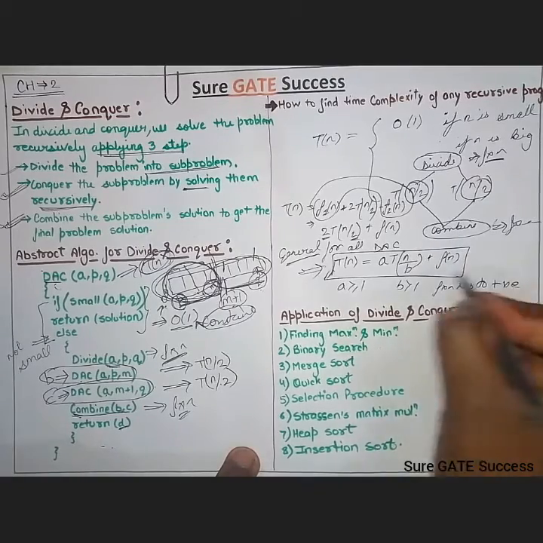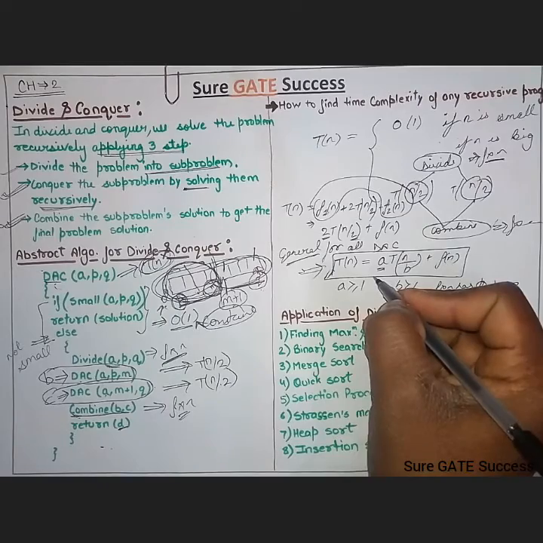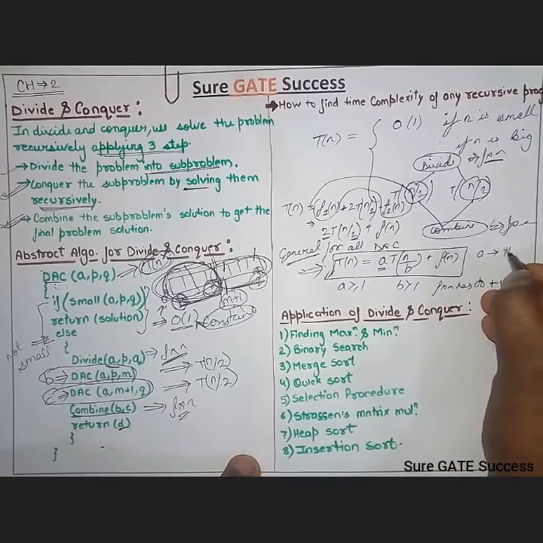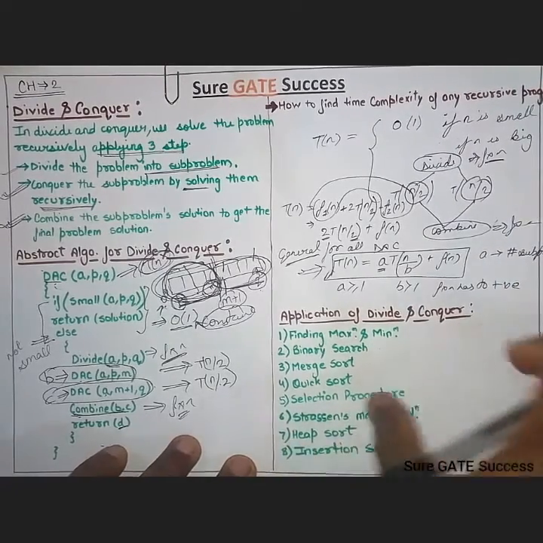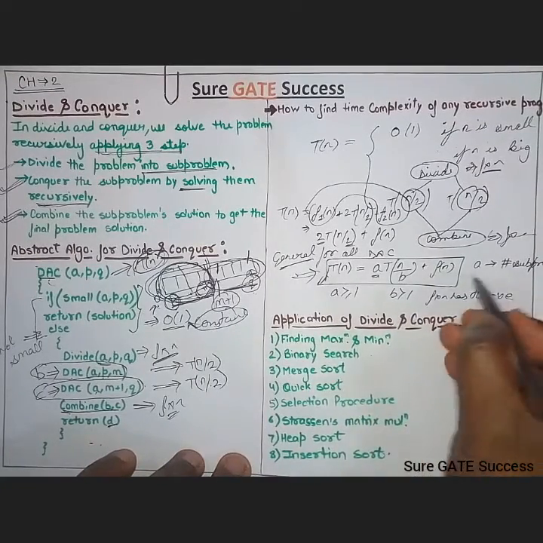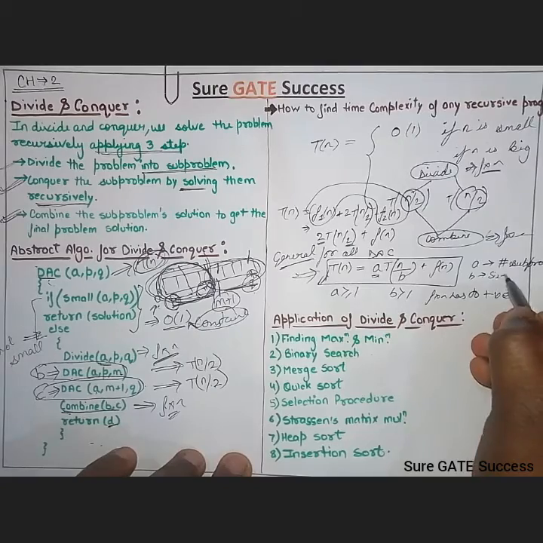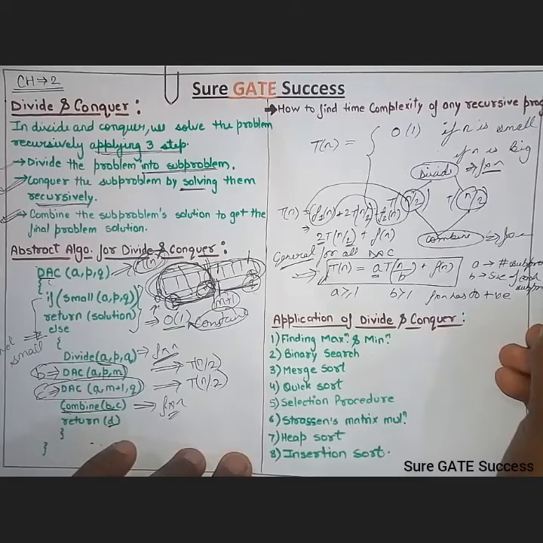a is the parts of the problem, or we can say a is the number of subproblems. And what is b? b is the size of each subproblem.